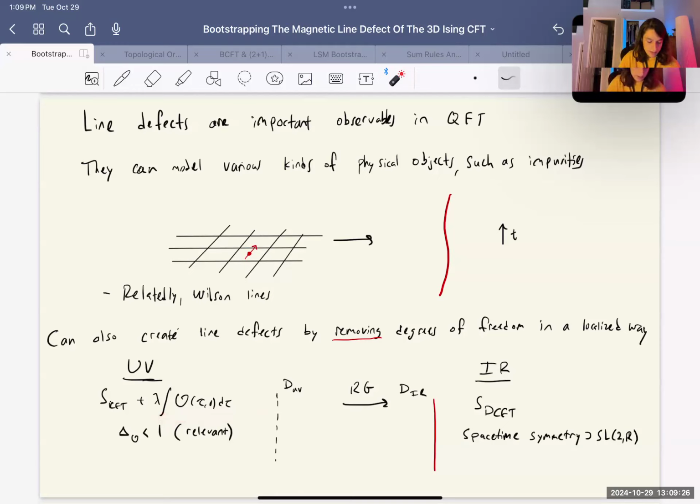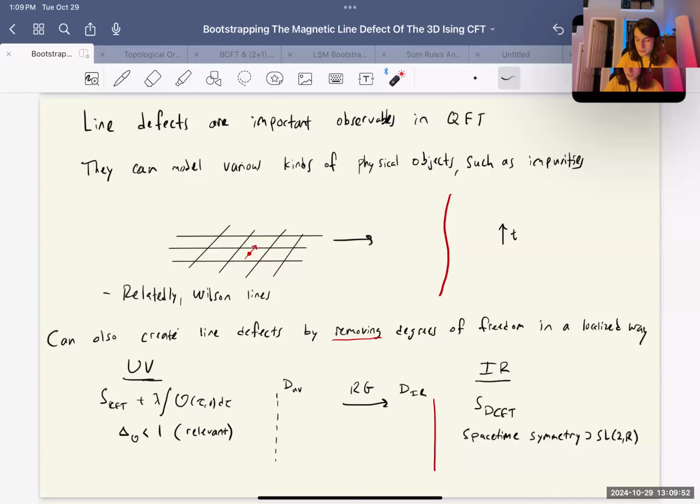Here relevant means that the bulk operator that I'm going to make this perturbation with will have scaling dimension less than 1. And so I'm going to take this UV setup, and then I'm going to do RG. And now I want to ask what happens in the IR.